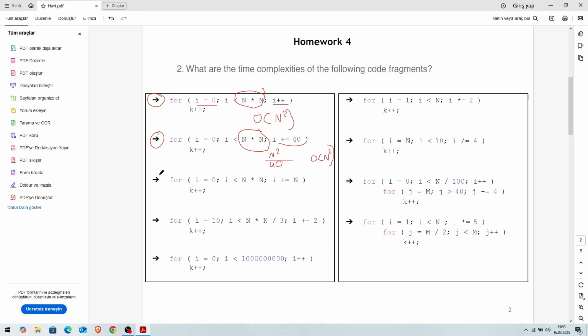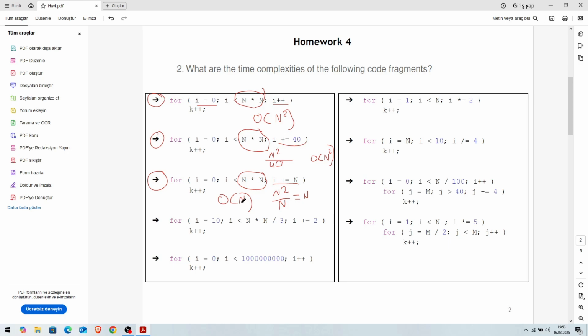When I look at the third question, it increments e by n each time, and the iteration count is n squared divided by n, which is equal to n, so the time complexity is O(n).